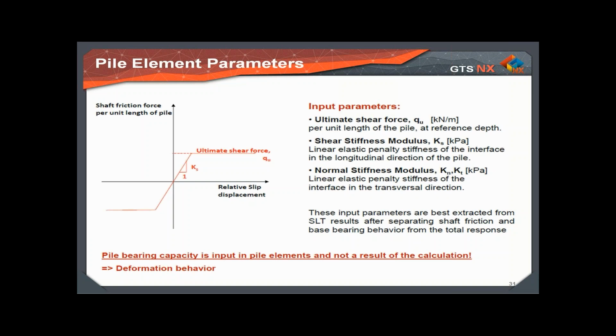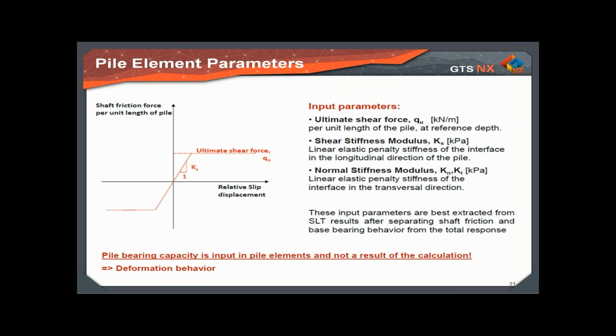Stiffnesses are actually linear elastic penalty stiffnesses, so they can be assigned as a high value of stiffness, and you only need to ensure the elastic part shown, if we look at the graph on the left side, which describes shaft friction force in relation to the relative slip displacement between the pile and the soil.